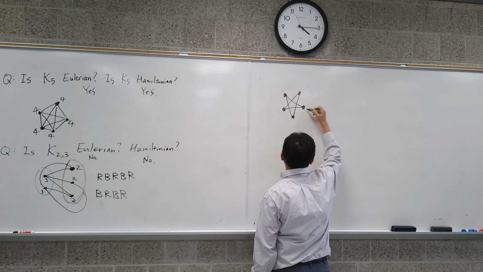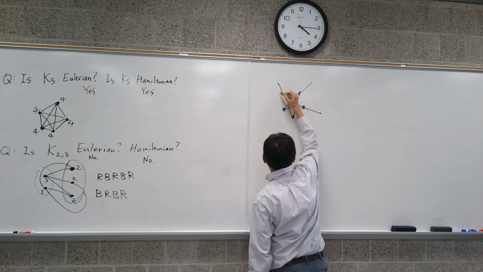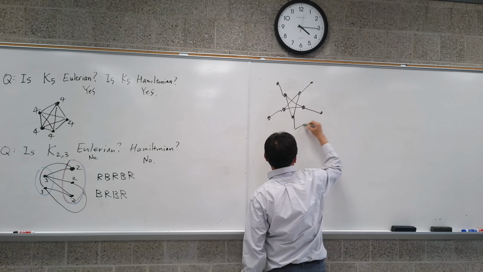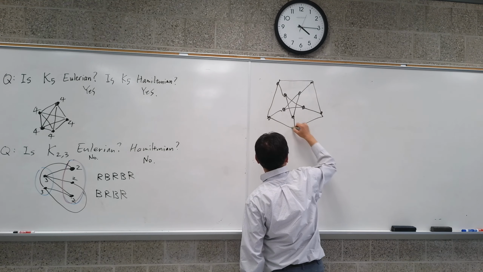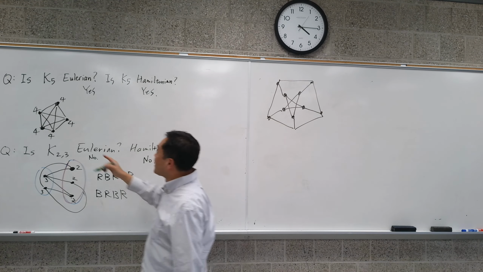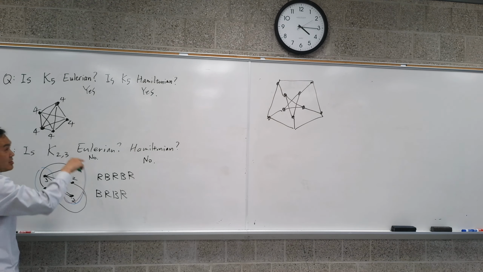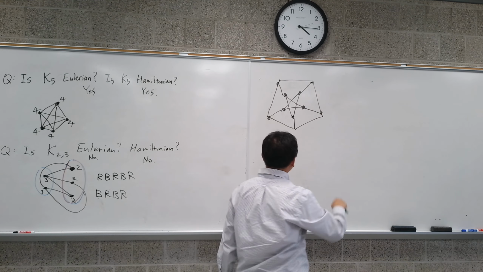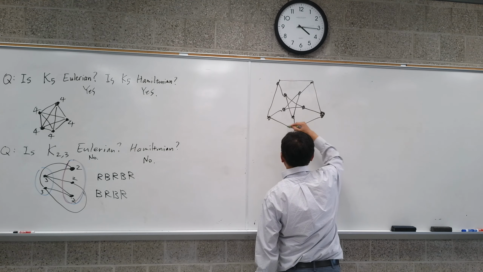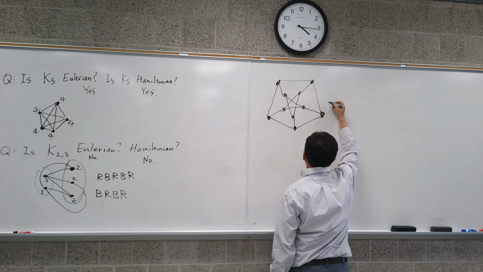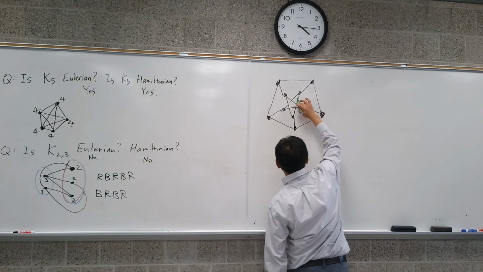And then you connect it like that, and connect outside. So it's like K5, but these lines are deleted, and then you have an external thing right here.